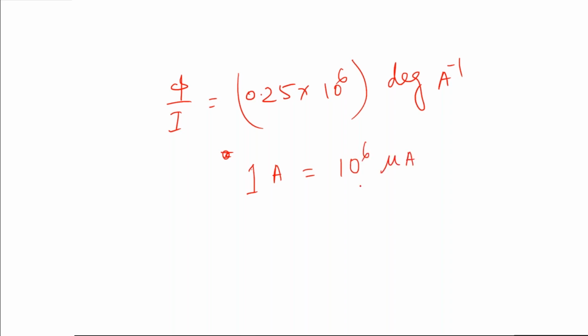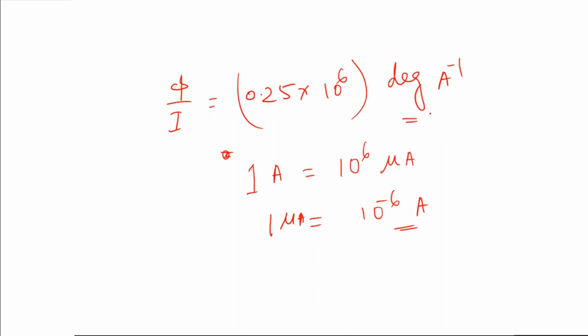Now, if I write what is per ampere, then 1 microampere is 10 to the power minus 6 ampere. So look here, per ampere means 10 to the power minus 6 ampere.